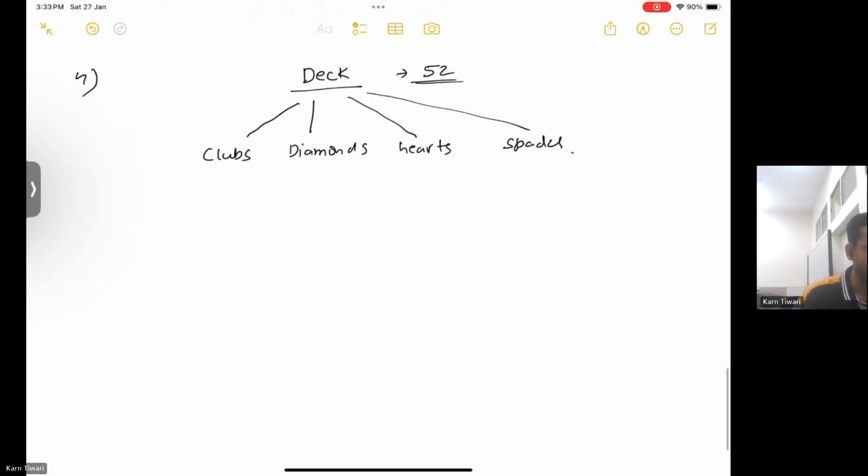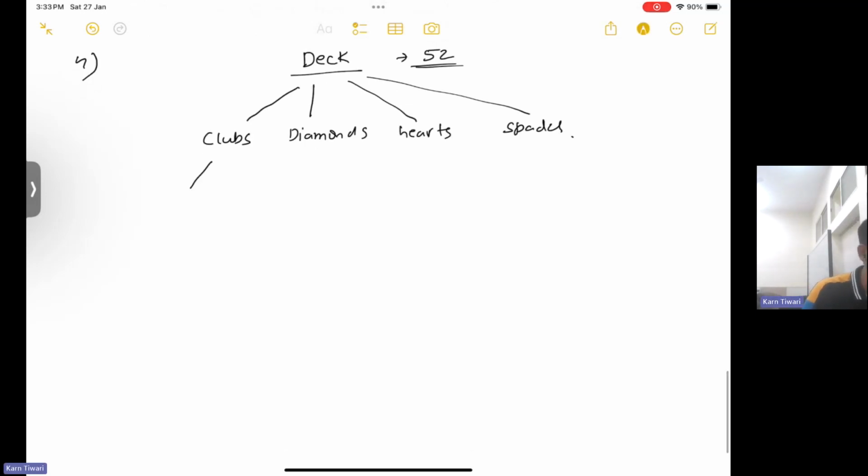Each suit contains one king, one queen, and one jack. So 52 is the total number of cards. If you divide 52 by 4, there are 13 cards in each suit. Is that clear?